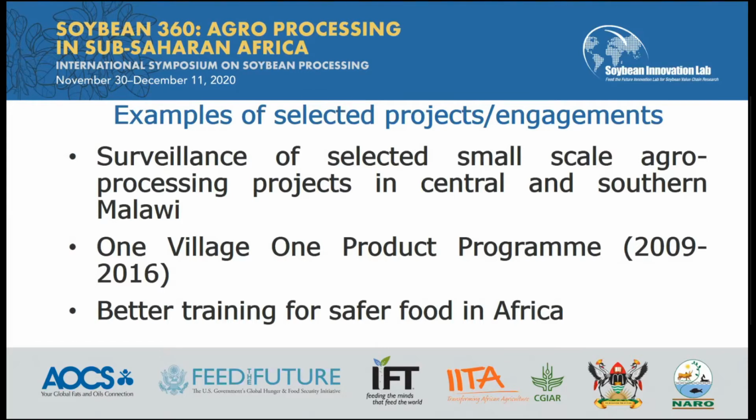We also had a project back in 2010, which was Better Training for Safer Food in Africa, which was meant so that agro-processors that deal with the EU understand the food safety requirements. It was a project which involved students as interns attached to 9 food companies.